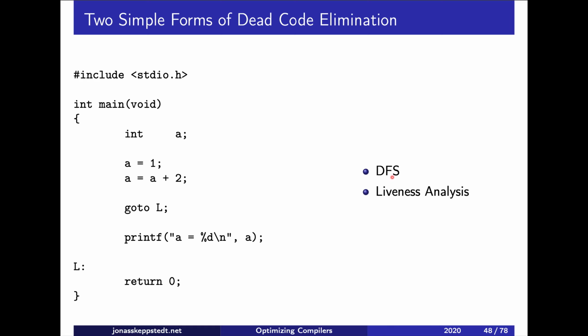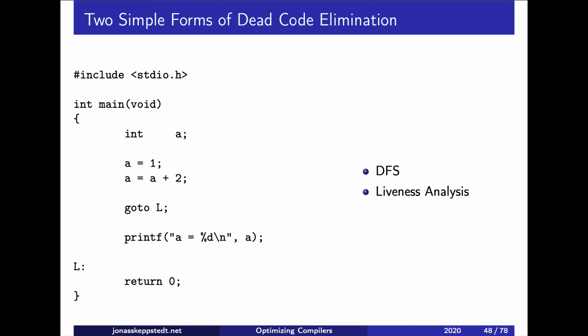In fact, Tarjan's algorithm to construct the dominator tree, during its depth first search, discovers nodes that are not reachable from the beginning of the function, and they clearly can be removed. An example of that would be this printf, since it's skipped, so it is not possible to go there.